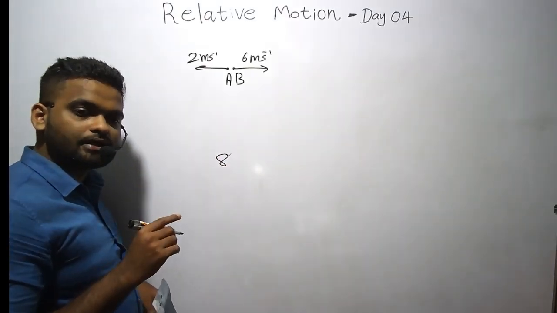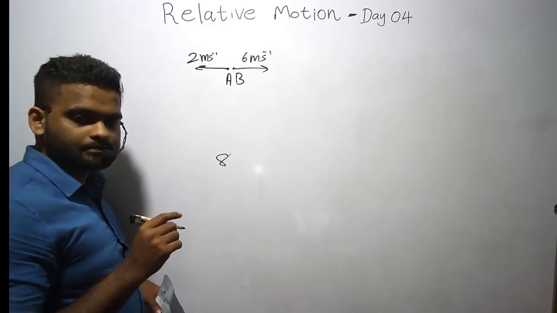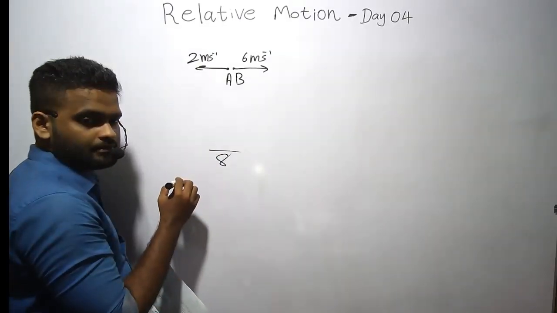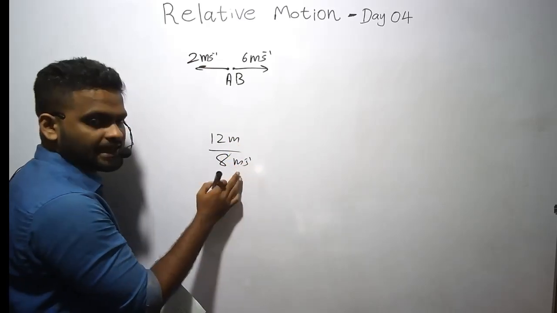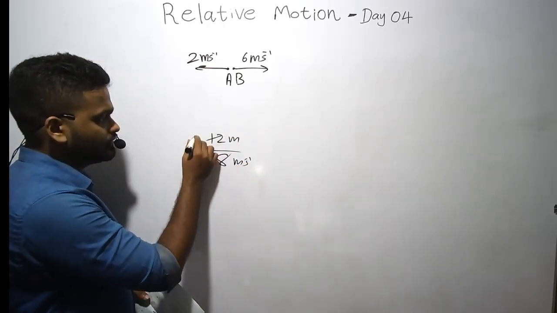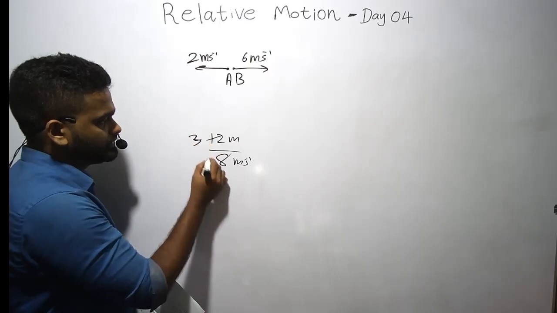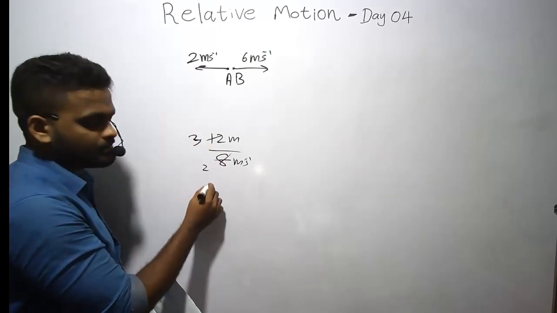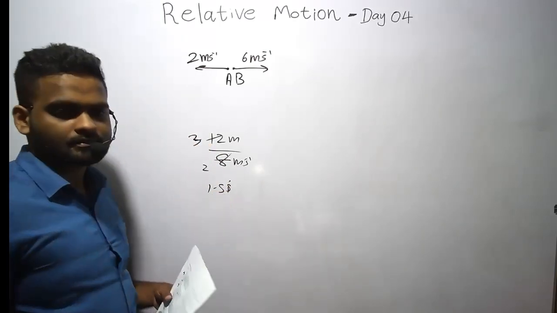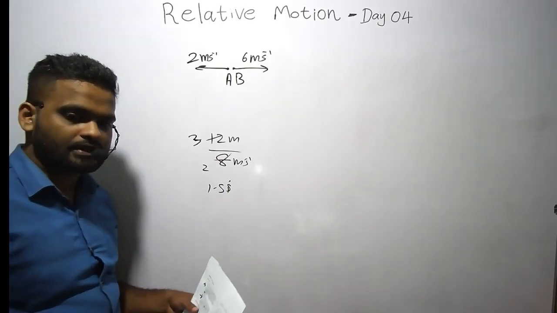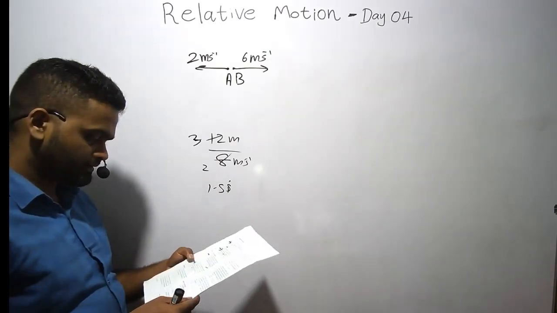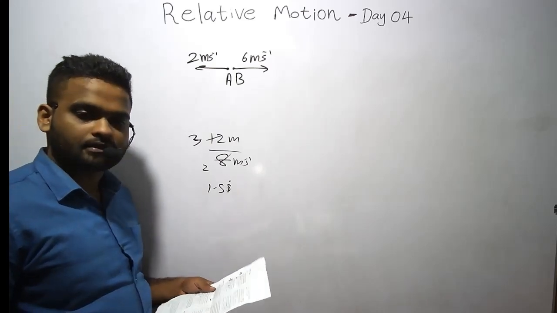What do we need to find? You need to get the time. To get the time, you divide distance by velocity, here actually the relative velocity. 12 over 8 gives 3 over 2, so you get 1.5 seconds. Third answer. Yeah, correct.